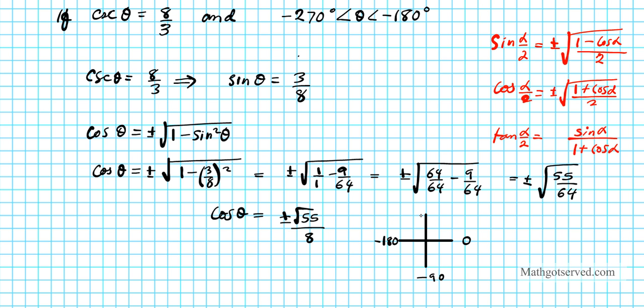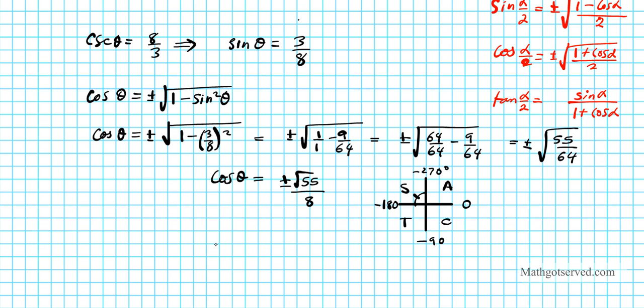That's the upper bound, and negative 270 is the lower bound. Okay, so we're going to be in this quadrant right here, quadrant 2. So we know that all students take calculus. So this means that sine and its reciprocal cosecant are positive. Everything else is negative. So in this problem, cosine theta is going to be negative root 55 over 8. Okay? All right, now we have sine and cosine.